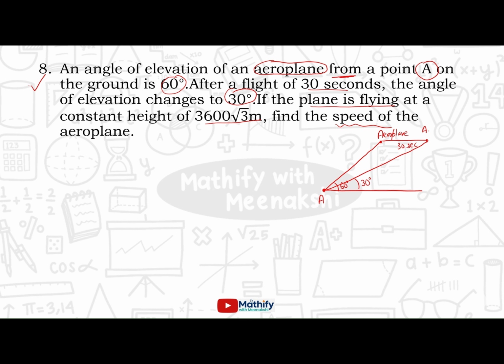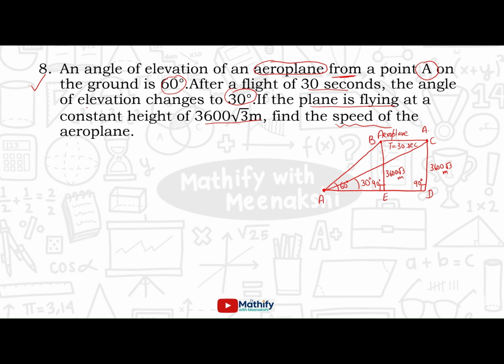It is also given that the height of aeroplane is fixed. It's 3600 root 3 meter. As we know, when we measure height, it's always perpendicular, so we'll write 90° here. Now what we have to find? We have to find the speed of aeroplane. This is time. Now let's write the alphabets A, B, C, D, E.